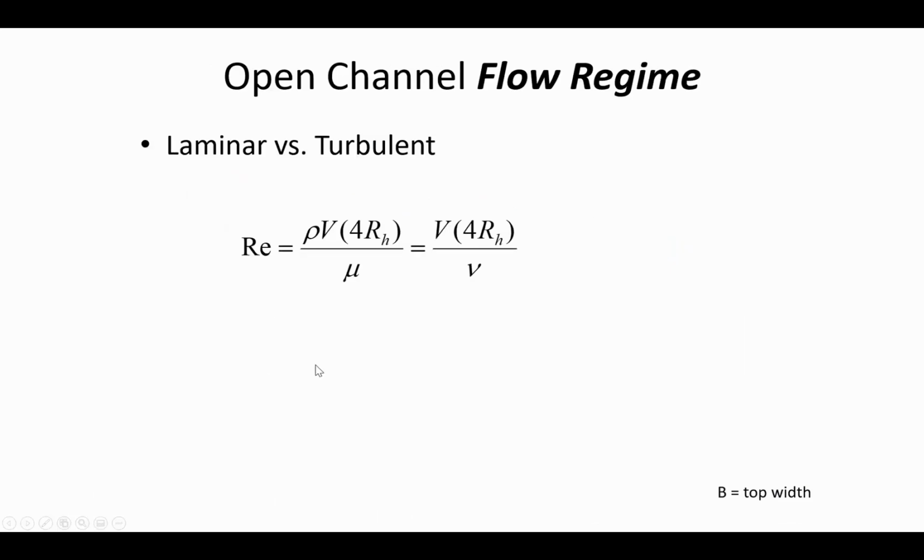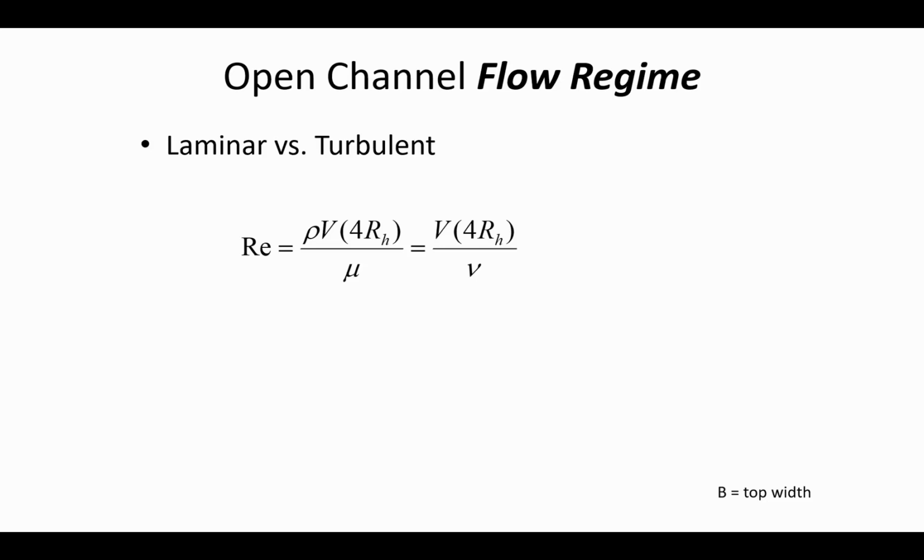Some of the other ways that we can categorize flow, remember there's uniform versus non-uniform. There is steady versus unsteady. We've talked about laminar versus turbulent. And for open channel flow, we apply the same simplification that we did for non-circular conduits.